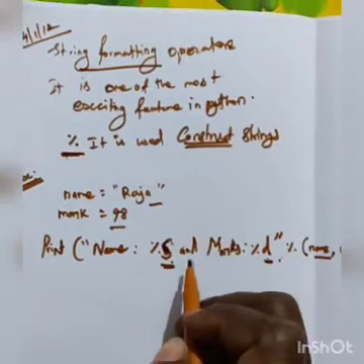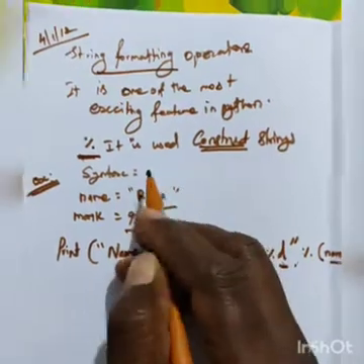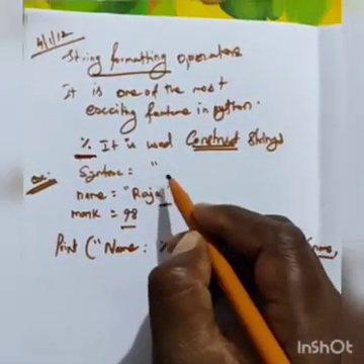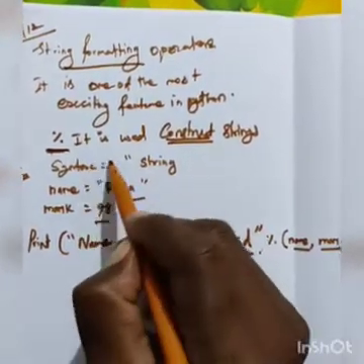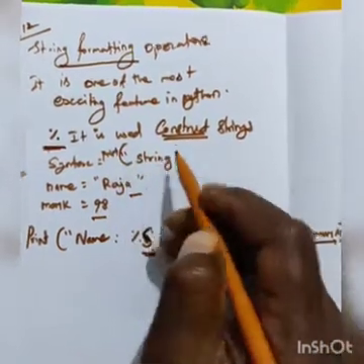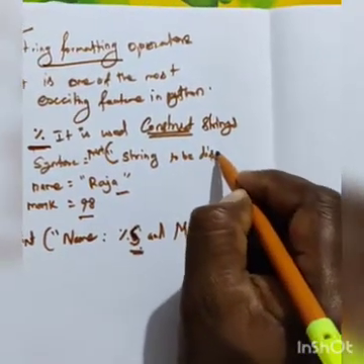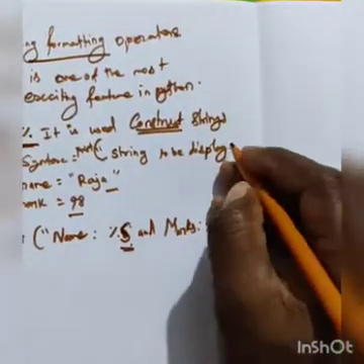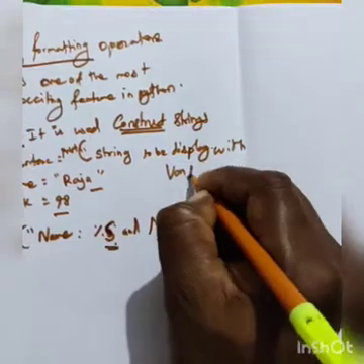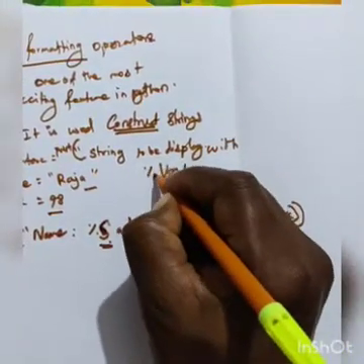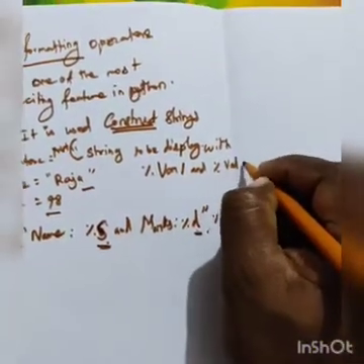So how can we write the syntax? Syntax is equal to: print, double quotation, string to be displayed with variable 1, that is percentage symbol variable 1 and percentage symbol variable 2.